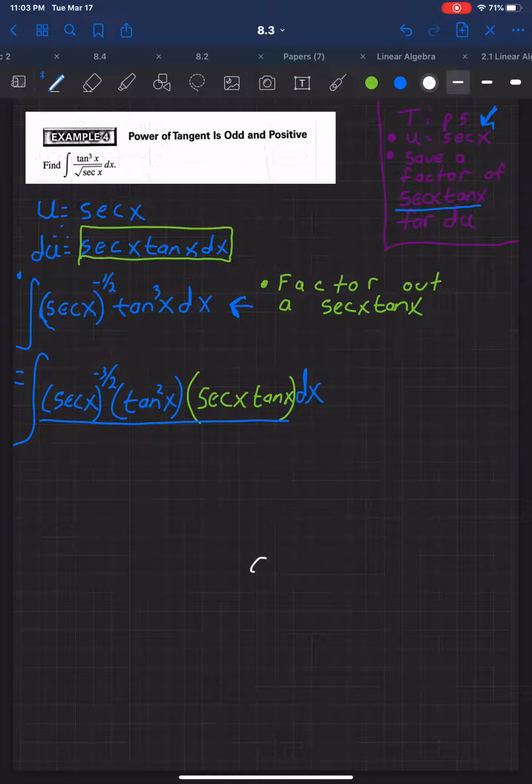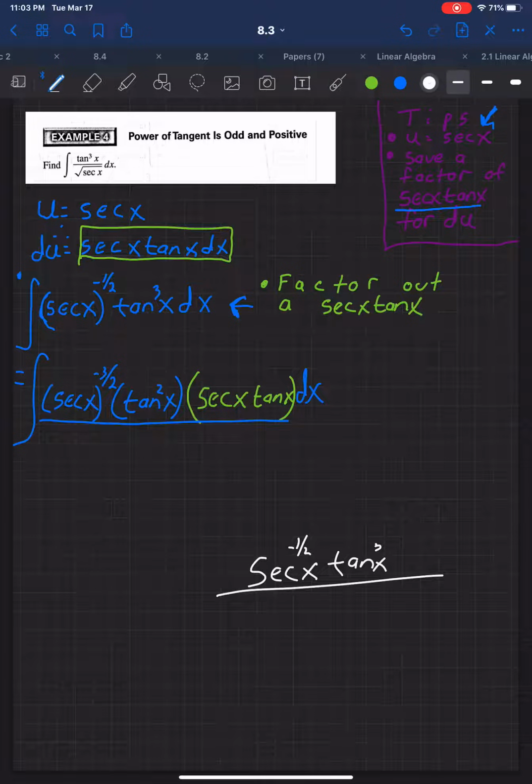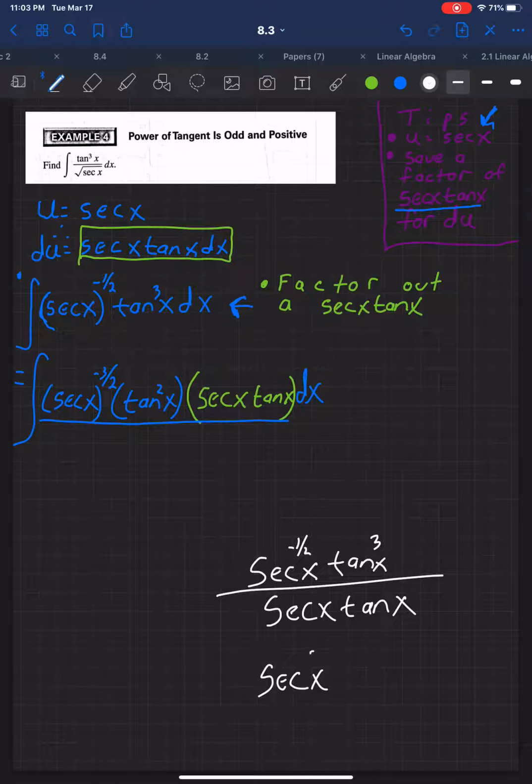So let me rewrite what we had. We had secant x to the negative 1/2, tangent cubed x. And if you've decided that you want to factor out a secant tangent, to factor out is to divide out. So you're really just dividing by whatever it is that you were trying to factor out. That's how we end up with secant of x to the negative 1/2.